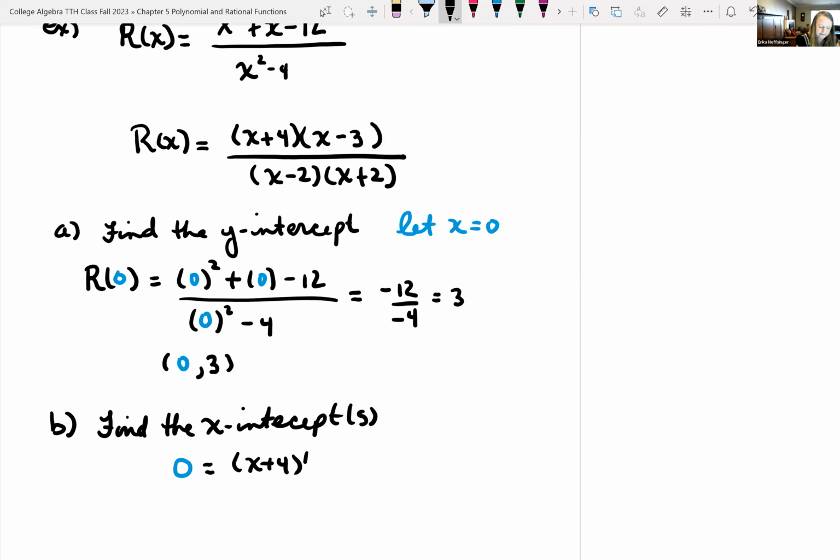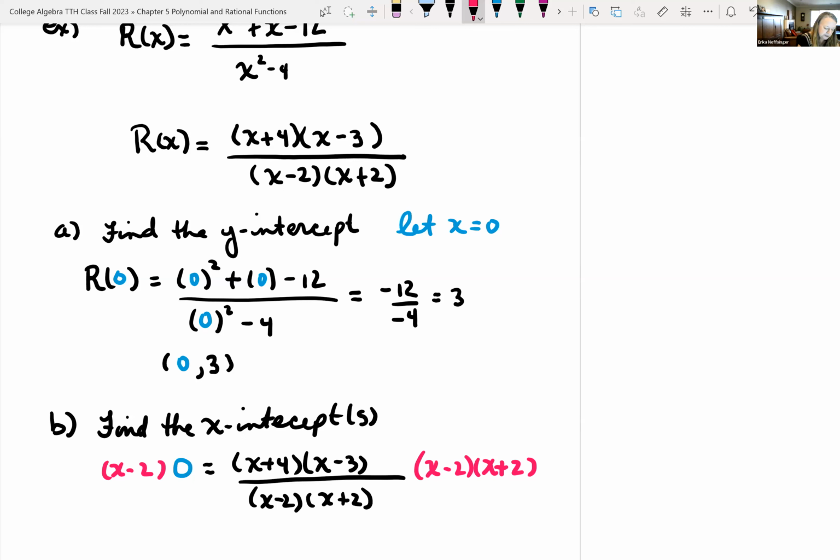I'm going to use my factored form of r of x. So again, as I said, we don't have to look at the denominator, we only need to look at the numerator, because if we were solving this equation, we would clear our fractions by multiplying through by our LCD. Our LCD is x minus 2, x plus 2.